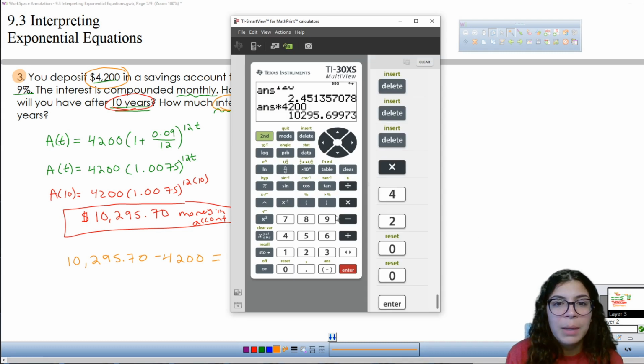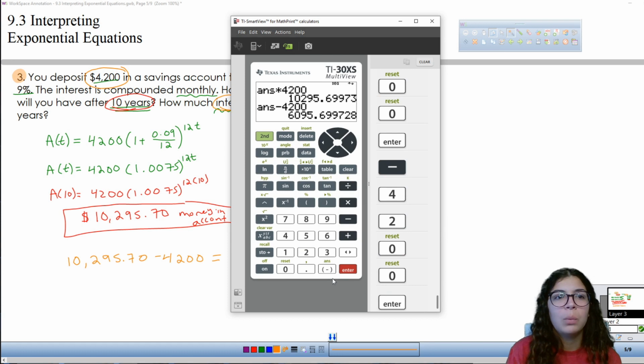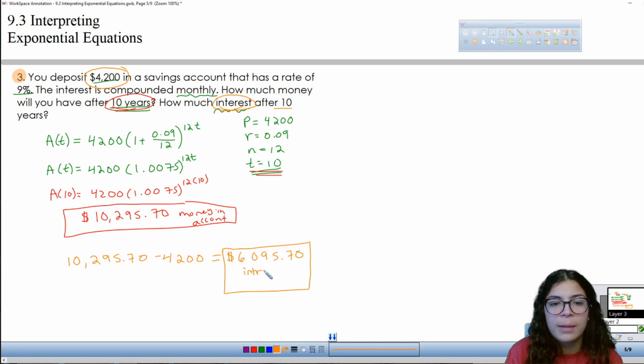So I'm going to take that amount of money and subtract 4,200, which is what I initially deposited into the account. And we have $6,095.70. So this is how much interest was paid to me. We can think of it like free money for initially putting some money in an account and leaving it there. Okay, so that's how much was paid in interest.